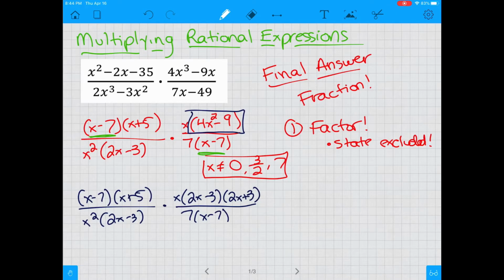That's all. Now, interestingly enough, there's only 2 steps. And step 2 is cancel. Cancel what you can. Now, it's important to note, to cancel, we just have to be in a numerator and a denominator. It doesn't matter which fraction.